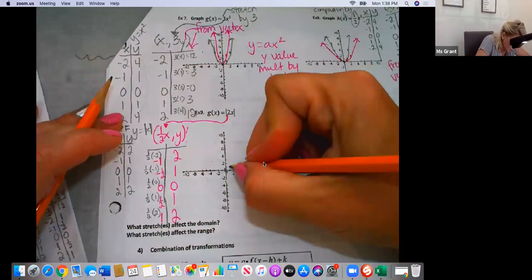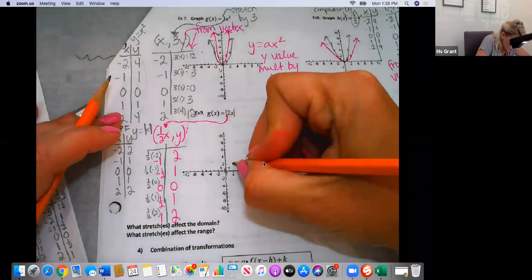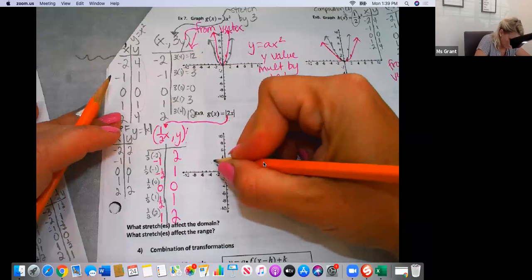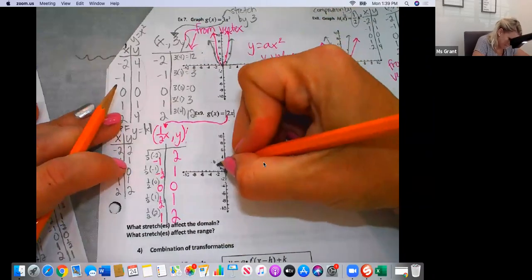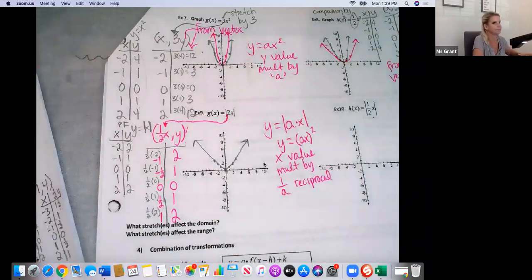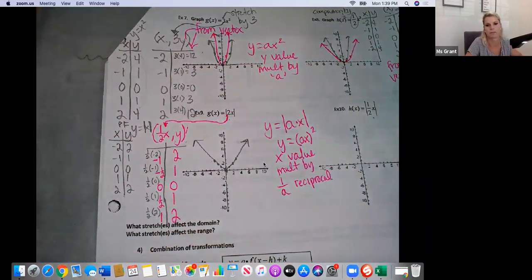So go ahead and just make those points. It's V-shaped. Okay. That's my parent function in pencil. Parent functions are always going to be in pencil.